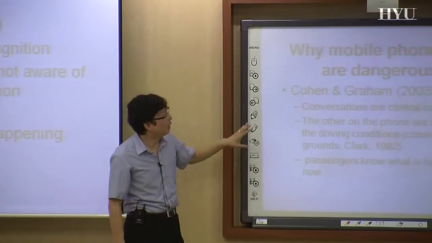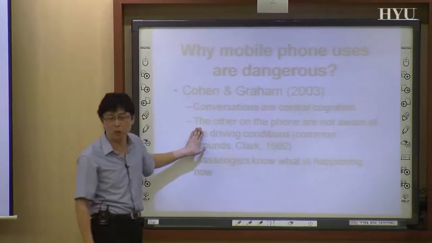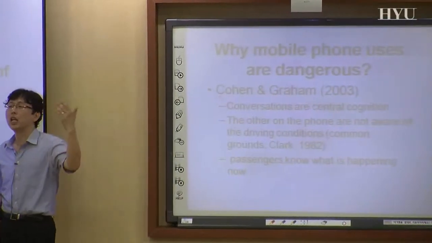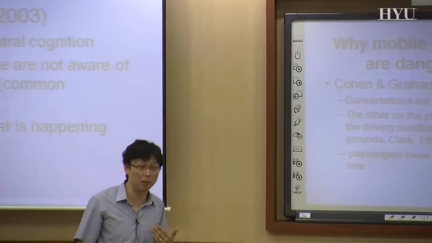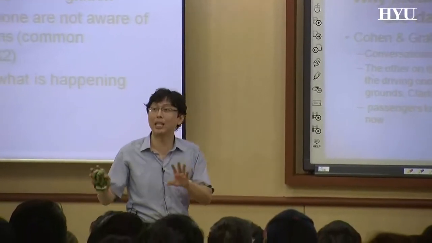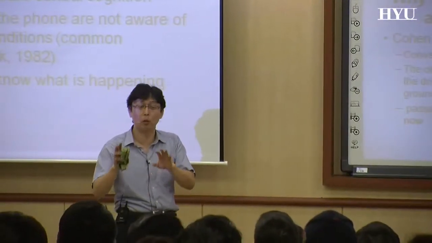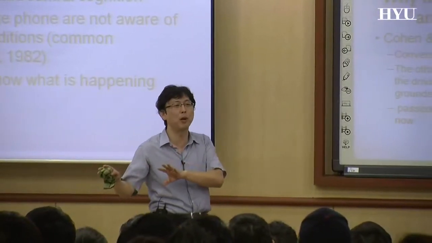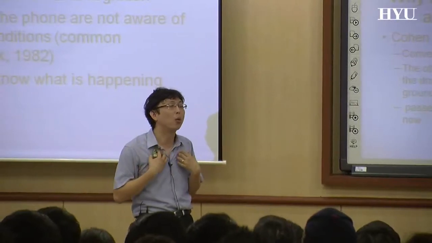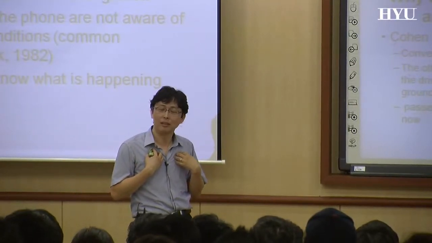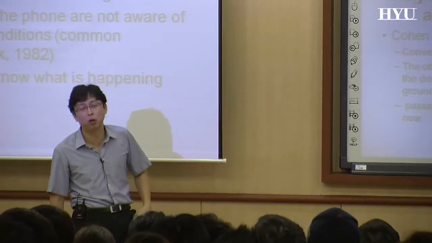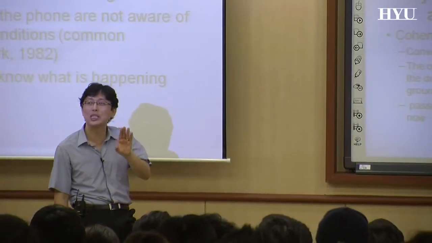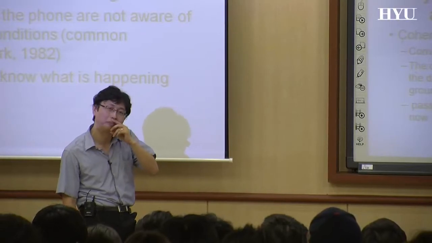But on a mobile phone conversation, the other person never knows what situation I am in. The passenger knows because she or he is right next to me, so they know what I'm doing. But with mobile phone users, the other person never knows what situation you are in.